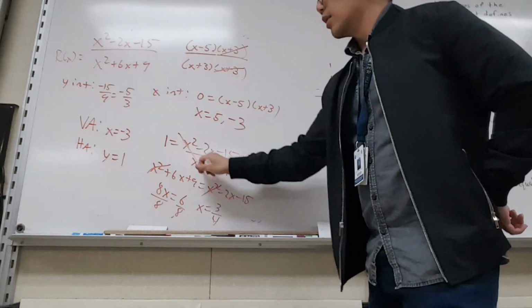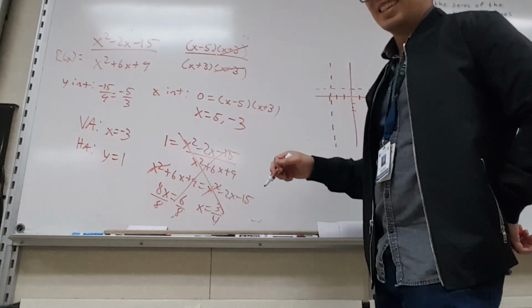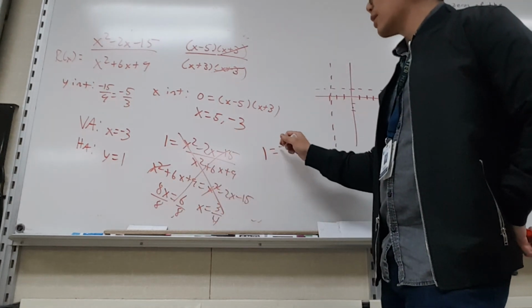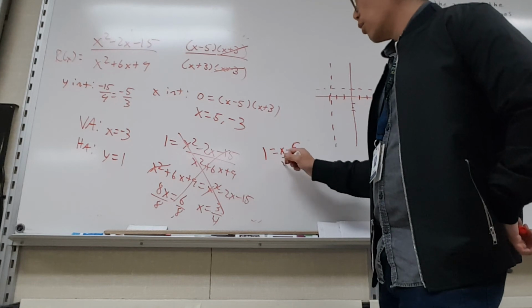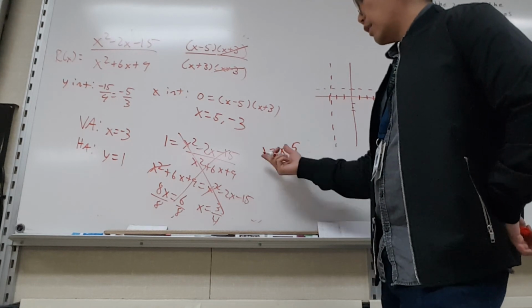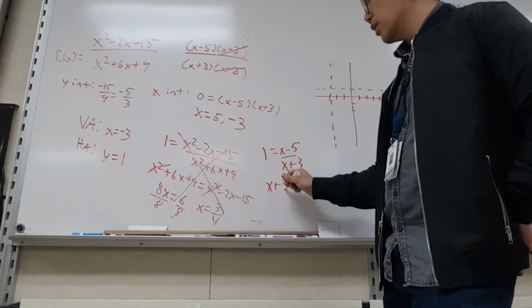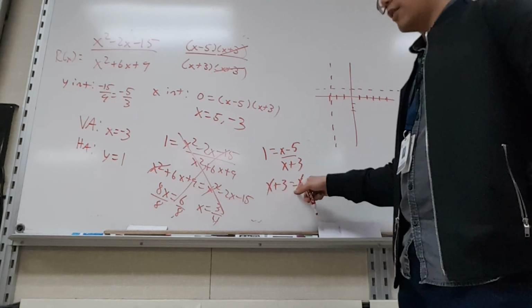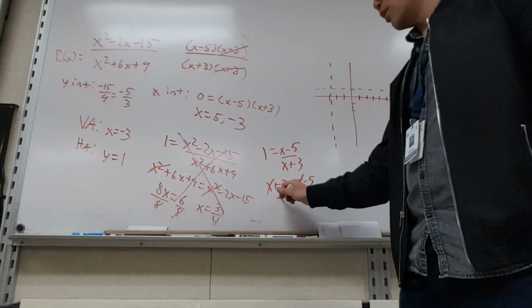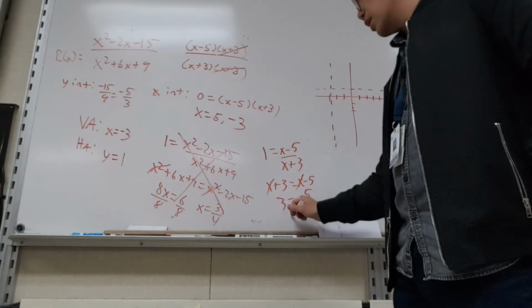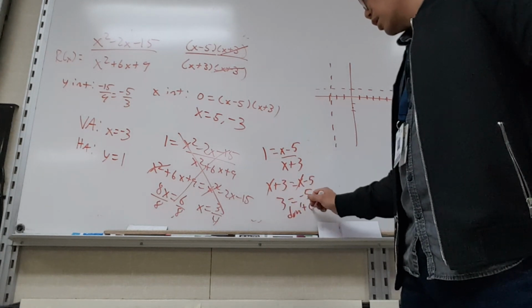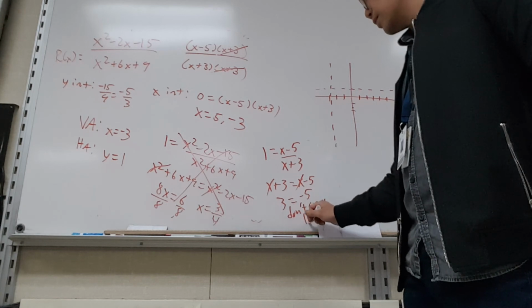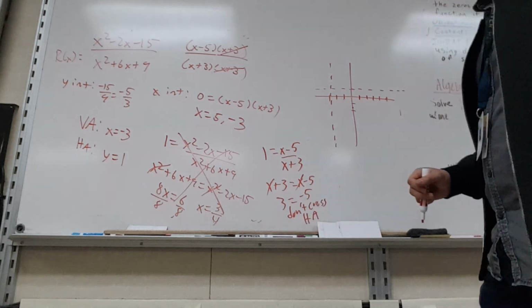So we're going to x that out, and we're going to do 1 is equal to x minus 5 over x plus 3. If I cross multiply here, I get 3 is equal to -5, and so I don't cross the horizontal asymptote.